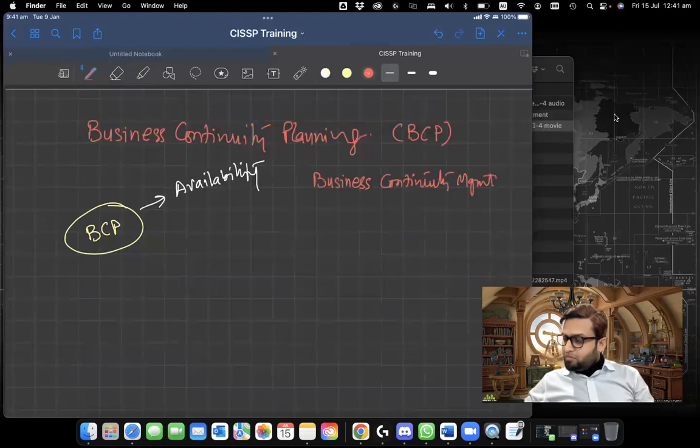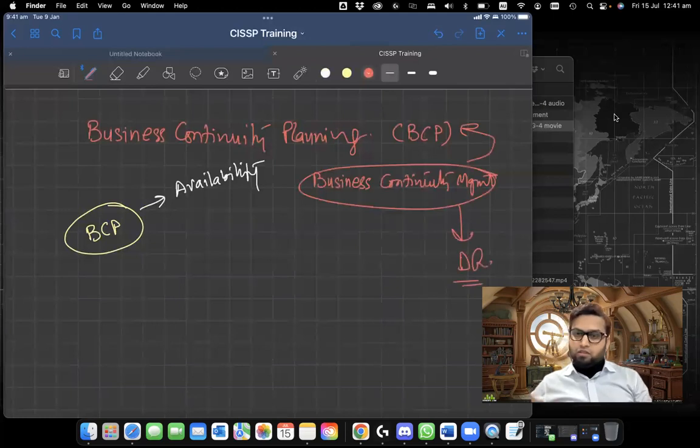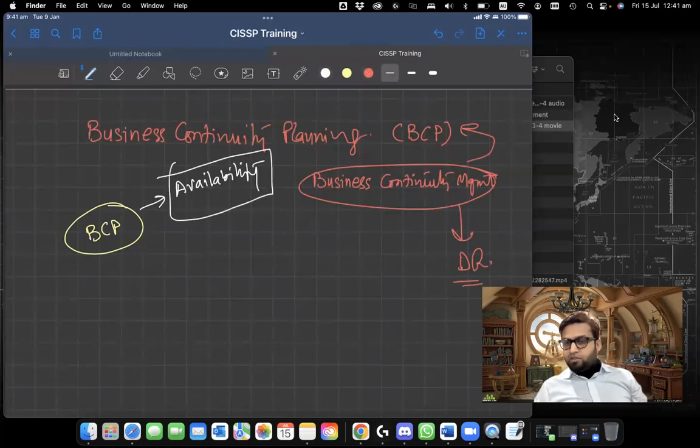So business continuity management basically contains BCP and DR. So both the areas, business continuity planning and disaster recovery, are part of business continuity management. And BCP addresses availability. This is something that should be in the mind if we want to pass the exam.